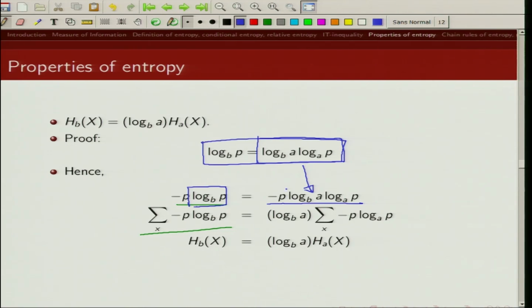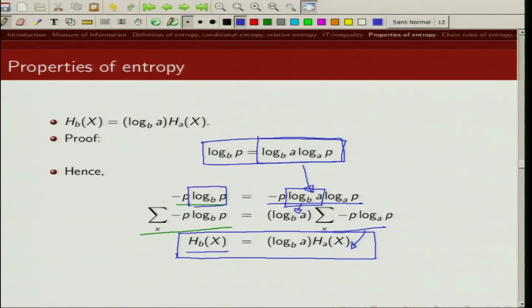Please note this quantity, log of a to the base b, does not depend on x, so I can take this out. What I get here is minus p log of p to the base a, so this quantity will be entropy computed to the base a, and this is entropy of x computed to the base b. So this is a relation governing entropy computed to base b and a.